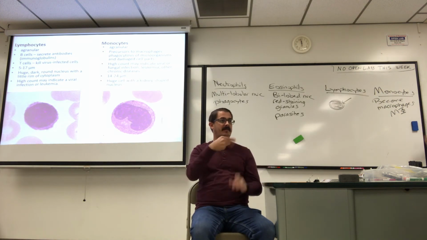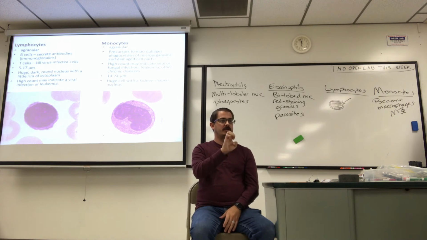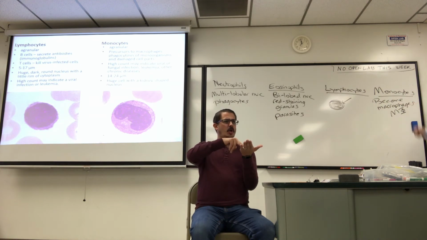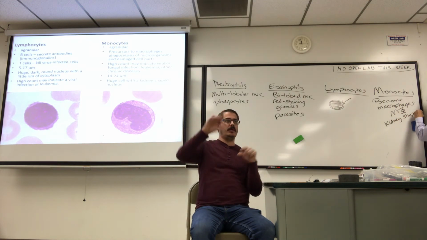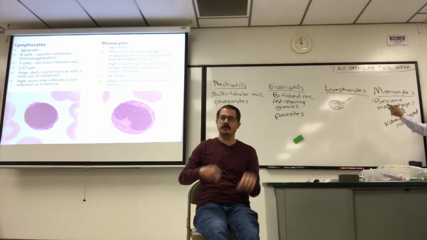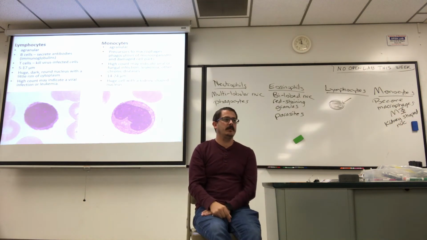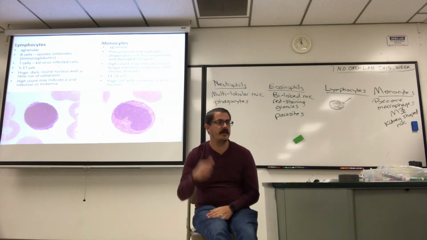Anyways, the macrophages are also phagocytic. They have this kidney-shaped nuke. If you can look at the picture there. That's how I identify them. Kidney-shaped nuke. And you can't tell by looking at these slides, but the monocytes are the biggest. They're the largest of the white blood cells in terms of diameter.